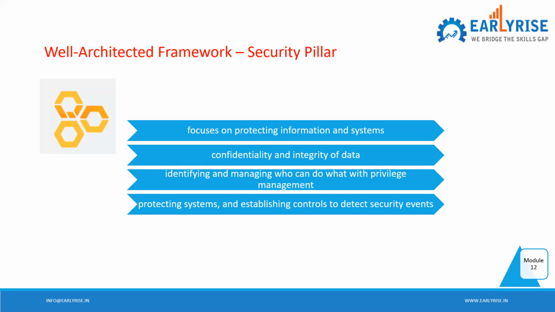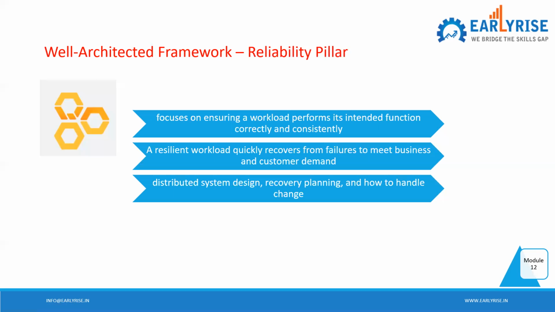So you have various ways how you can protect it, how you can implement security, and then how you can detect it. So there should be some monitoring, some alerting mechanism, and then some kind of logging. So who has done what? All those features, from all those angles, we have to look at things. So that's why this security pillar.